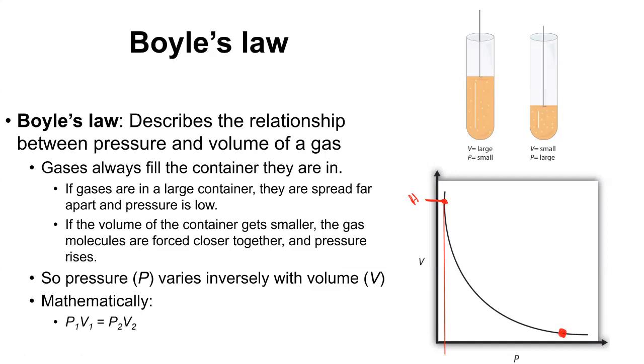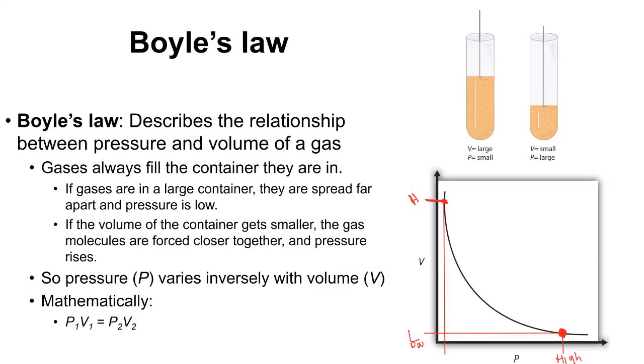Looking at that point, in terms of its volume, now we're talking about a pretty low volume over here, right? So this would be a low volume. But if we look at its matching pressure value, we can see that this is actually a pretty high pressure, okay? So pressure and volume vary inversely with one another.